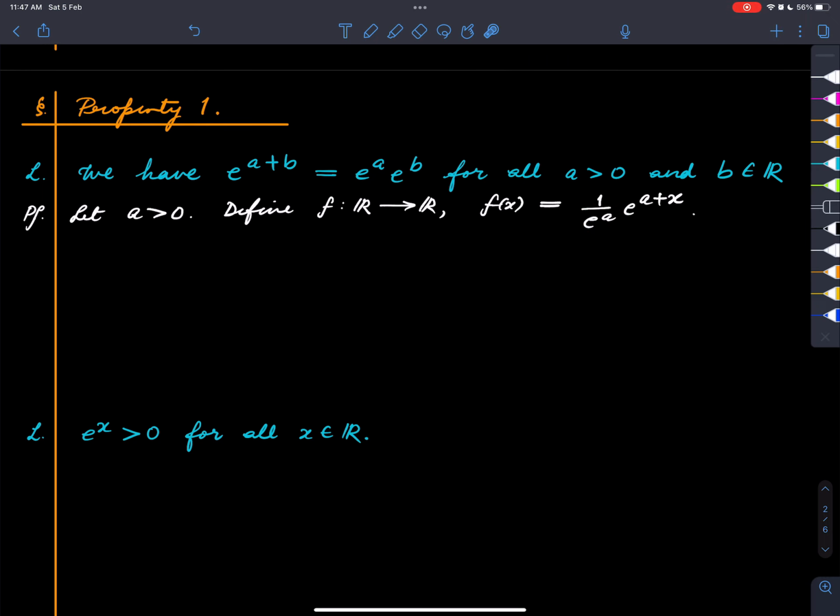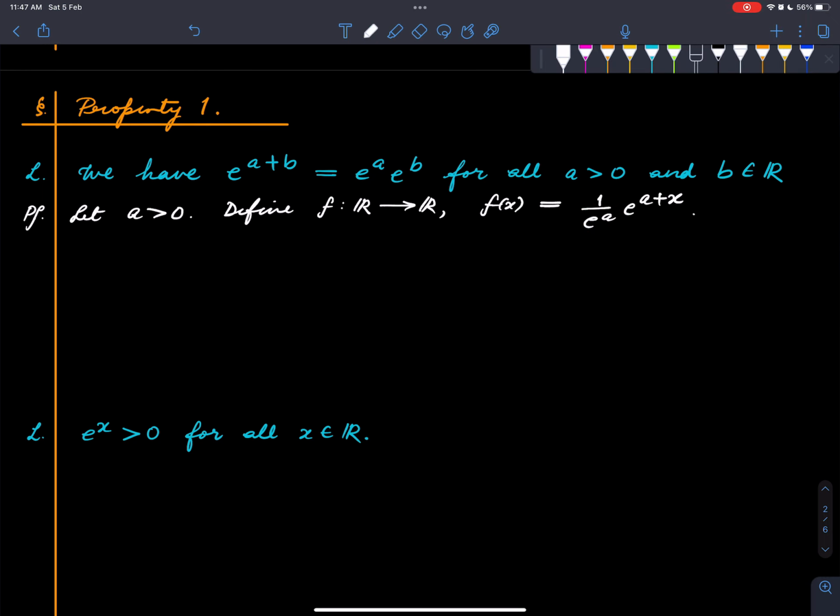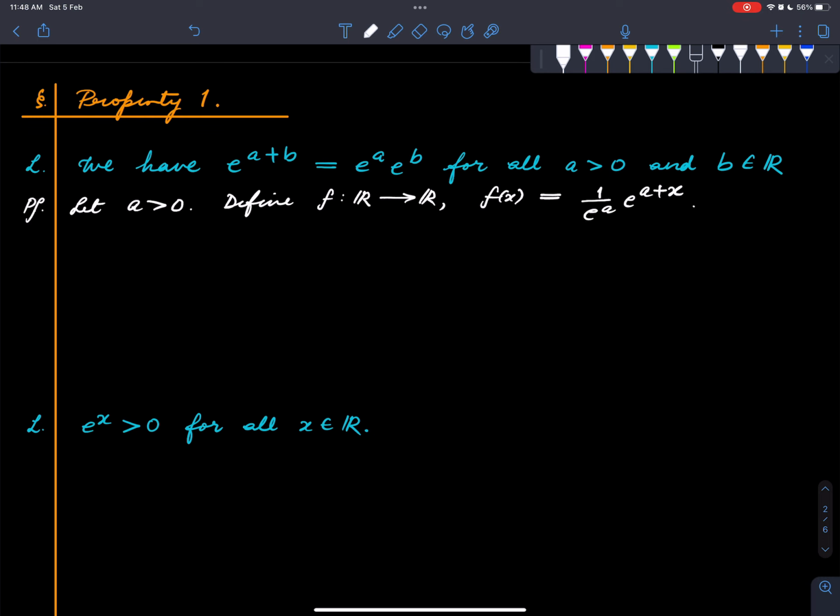All right, great. So here is the thing. This is for all x. This is how we define f. And since the exponential function, meaning x going to e to the x, is differentiable, so is f.